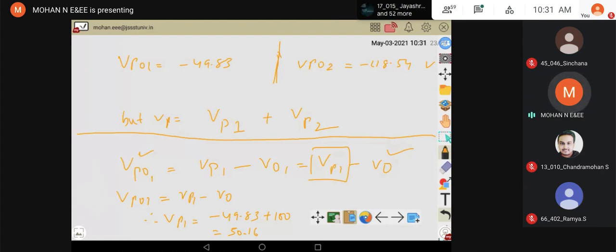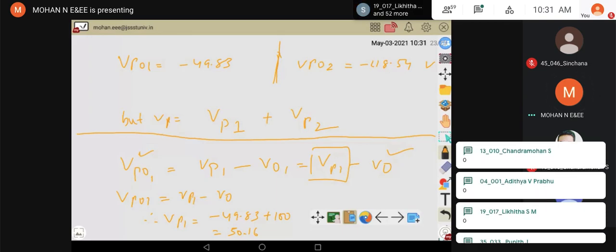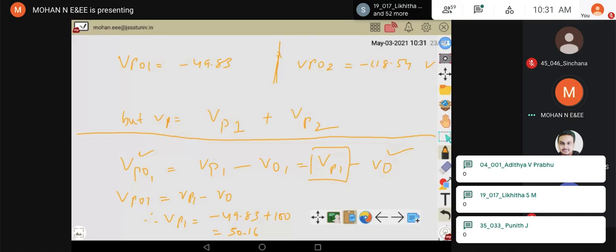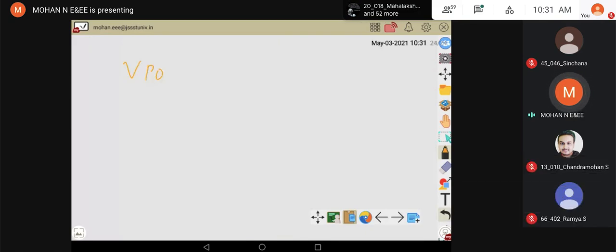So this is the potential difference between P and O: VPO1 equal to VP1 minus VO1. Similarly, VPO2 is equal to VP2 minus VO2, the potential difference between P and O due to line charge 2. So VPO2 is equal to VP2 minus VO, which is constant.